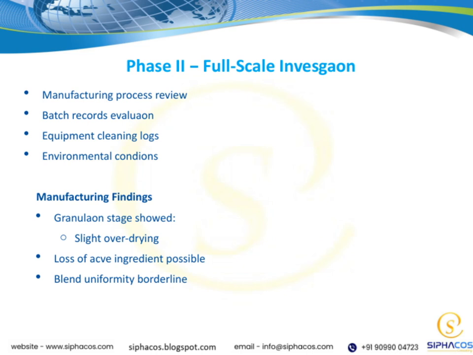Lastly, environmental conditions are being closely examined, as factors like temperature and humidity can significantly affect the manufacturing process and the stability of the product. All these steps are crucial as we aim to understand the root causes and improve our process to meet the desired quality standards. This thorough review aligns with our overall goal of ensuring product consistency and safety.